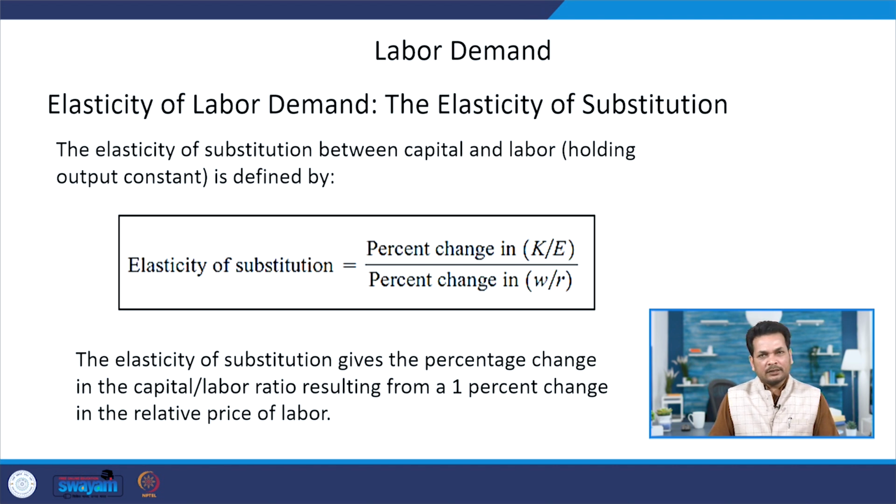So, this can be measured simply by the percentage change in the capital labor ratio divided by the percentage change in the price of labor relative to the price of capital. As the relative price of labor increases, the substitution effect tells us that the capital labor ratio increases, which means the firm gets rid of the labor and replaces it with capital.